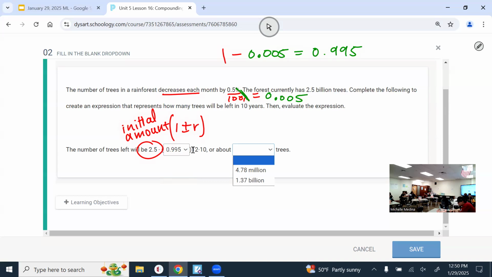Weird. Oh, that's supposed to be an exponent, so I might need to edit this to put the little caret in so that it shows as an exponent. Because it says that it's decreasing by this each month, and you're figuring out how many months there are in 10 years. So if there's 12 months in 1 year, how many months are there in 10 years?